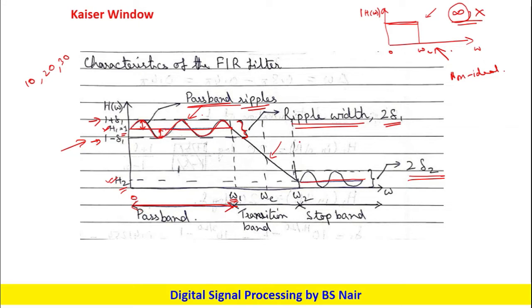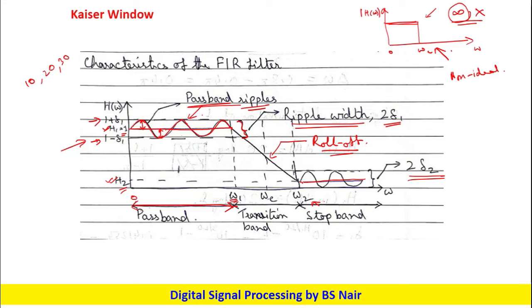In other terms, we can say the roll off is starting. Roll off means the slanting line which is decreasing. Then where the roll off ends, that point is regarded as omega 2, and from that point our stopband ripple starts.